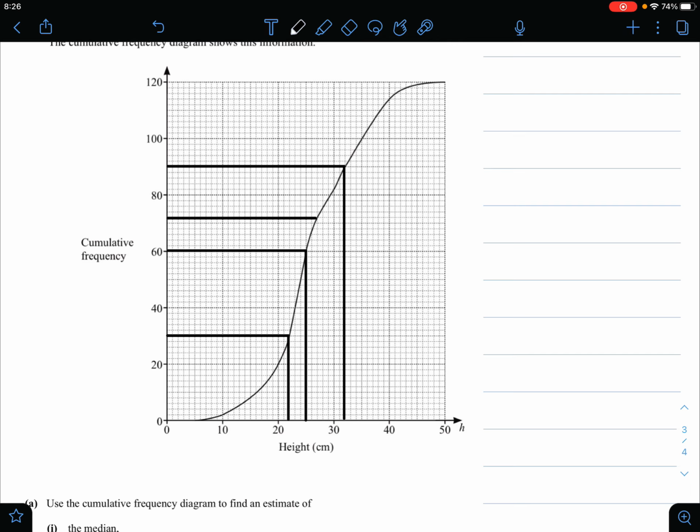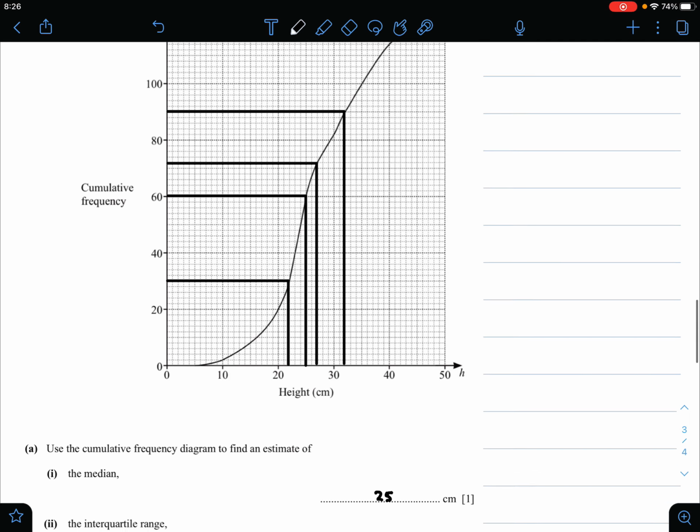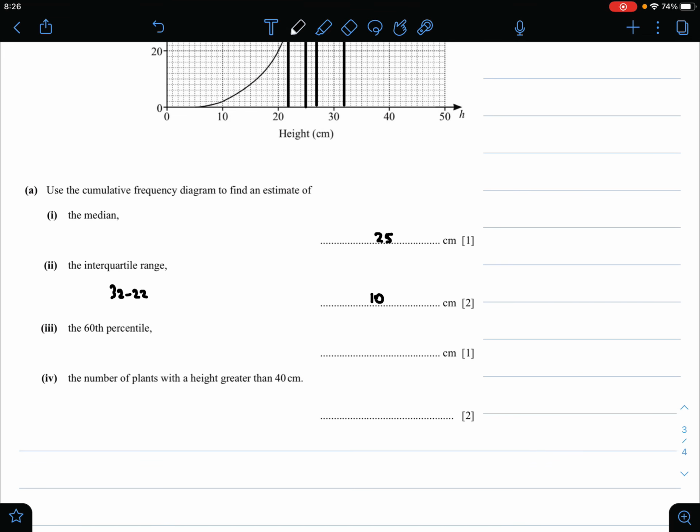And again, make sure to use a pencil and a ruler so that you get more accurate answers. Now since this is the 60th percentile, your x value would be 21, 22, 23, 24, 25, 26, 27. So therefore your 60th percentile answer will be 27 centimeters.